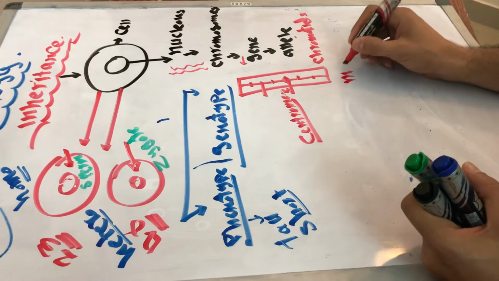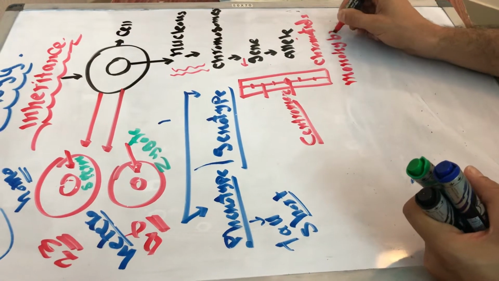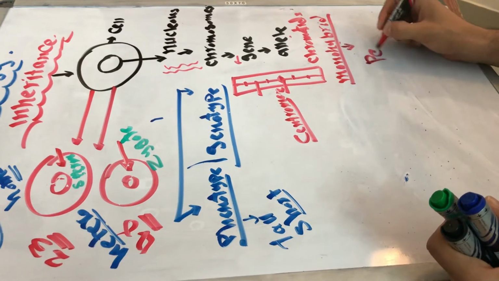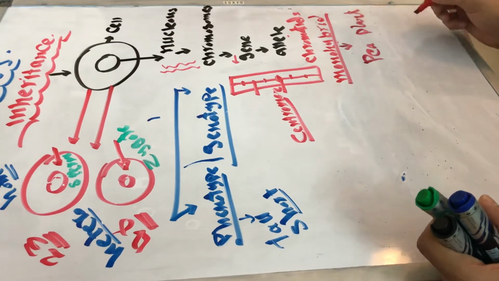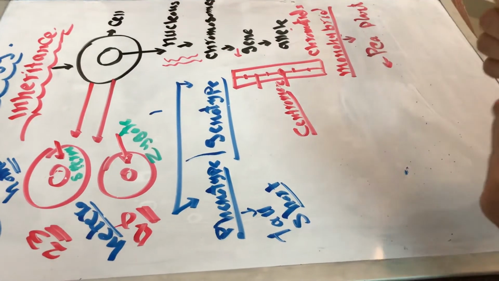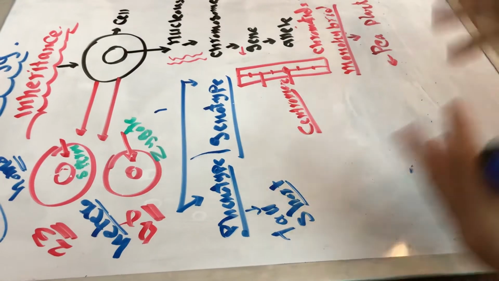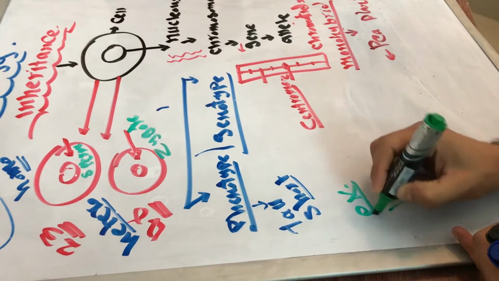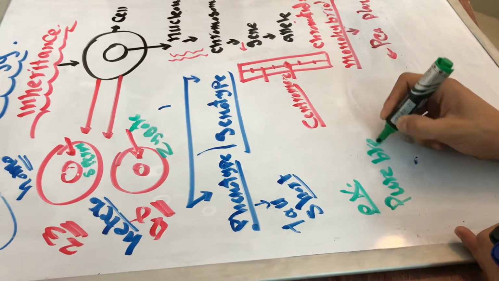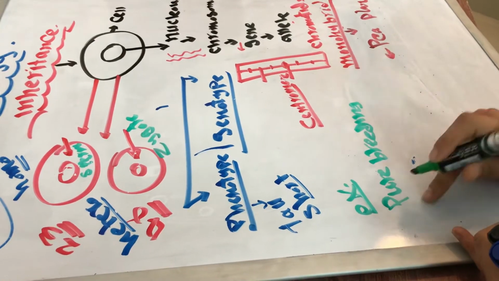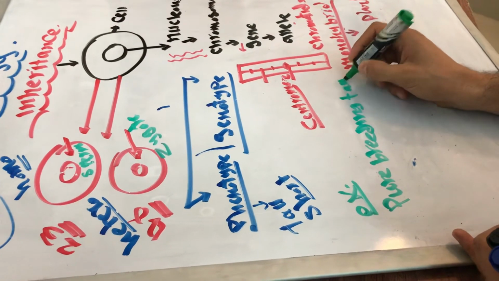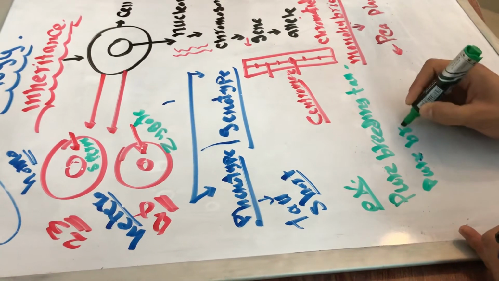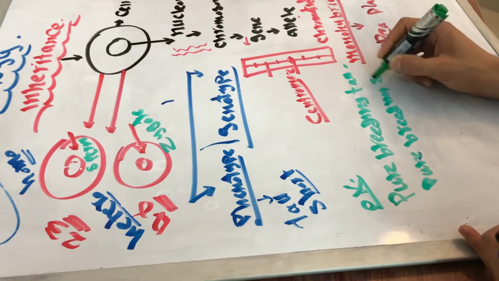Monohybrid, this one point about one characteristic of the pea plant that Mendel studied, and he started to make a genetic diagram, you can say crossed between them. Parents: tall, pure breeding, and another short, pure breeding short.